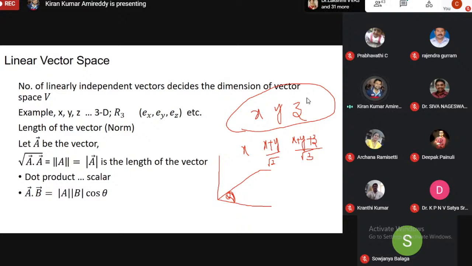If we take the dot product of the same vector with itself, we get one scalar, and the square root of that value gives us the length or norm of the vector, which can be denoted by mod a, mod b and cos theta. So if a vector is given, we are able to calculate its length or norm.